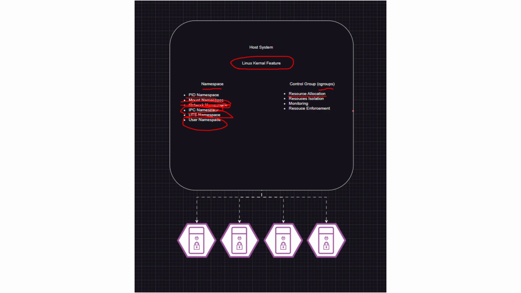In terms of network cgroups, it includes net_cls and net_prio, enabling the control of network packet classification and prioritization. So this is part of the network in terms of resource controlling.